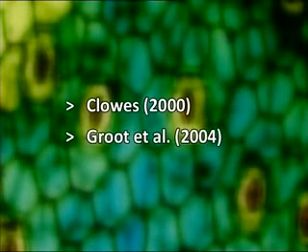Recently, as molecular information has provided new tools for analyzing phylogenetic relationships, there has been renewed interest in trying to relate organization of root apical meristems to phylogeny by persons like Clowes, Groot et al.